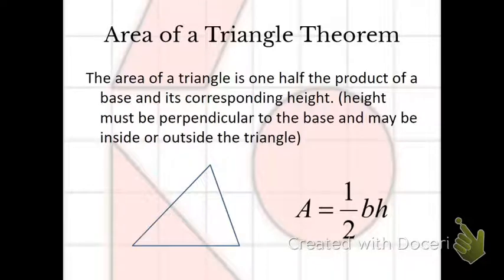This time, our height, if we consider this bottom side to be our base, then our height would be inside of the triangle. And remember, for a triangle, it's 1/2 times the base times the height.